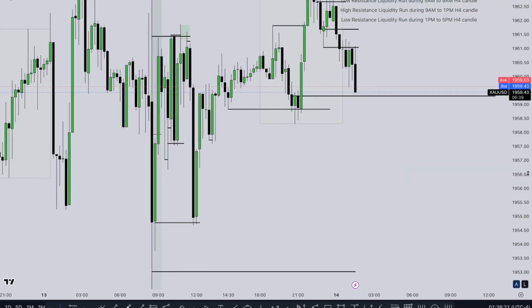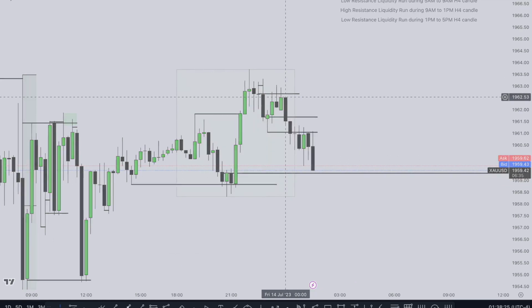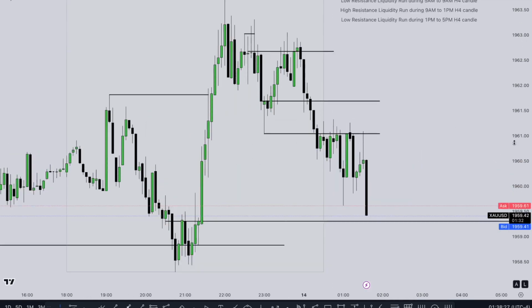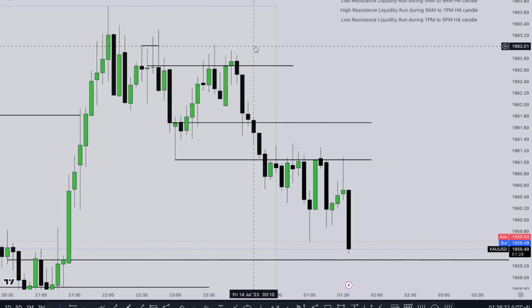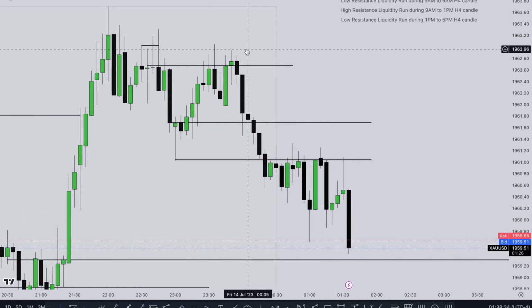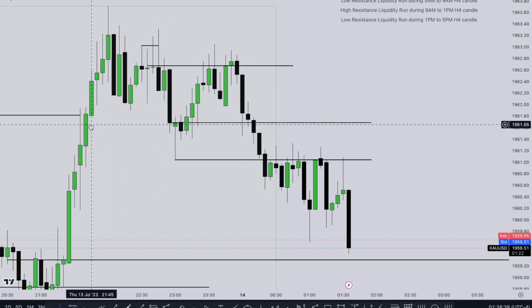Okay, and perfect. Over here you can see that I said, okay, this makes it a mitigation block. Why? Because of the fact that what happened, I'm sure I said something about the mitigation block over here. So okay, here's why. Okay, here's the order block.